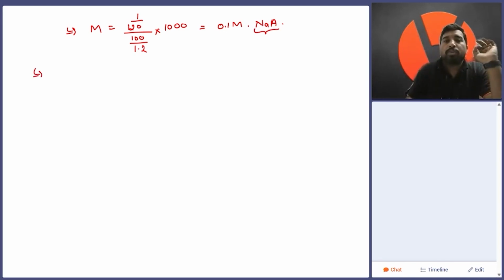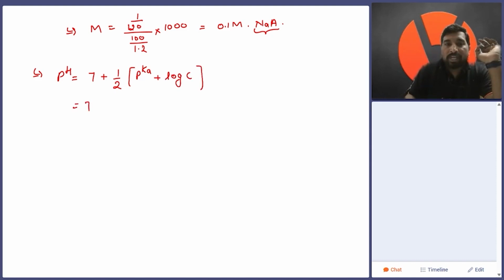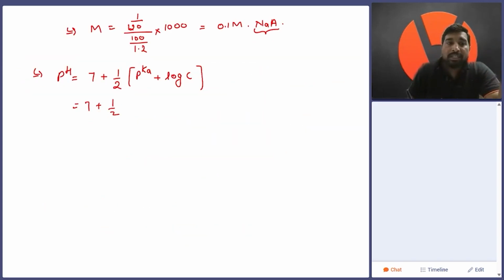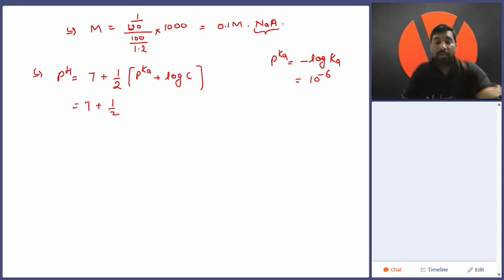For this, you can use the formula pH is equal to 7 plus 1 by 2 pKa plus log C. What is the value of pKa? As Ka is equal to 10 to the power minus 6, the pKa is equal to minus log Ka, that is equal to 6.